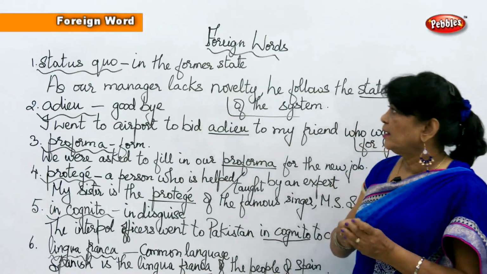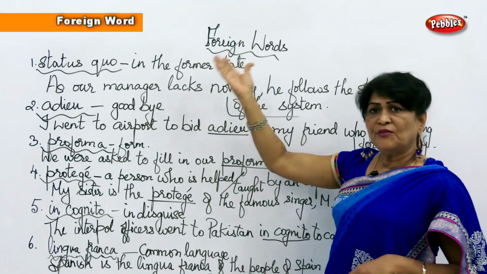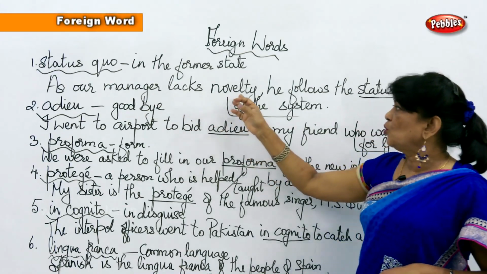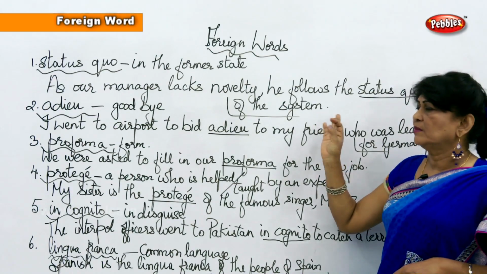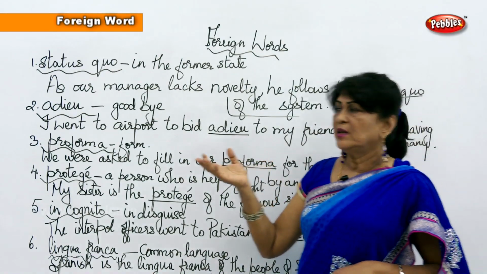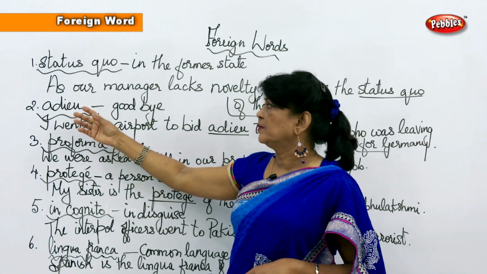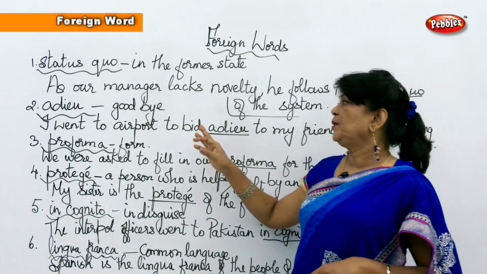We will go through it now. Status quo. In the former state. As a manager lacks novelty, he follows the status quo of the system. That is, he does not have any new ideas, so he follows the same old system. Adieu. Adieu is goodbye for a longer period.